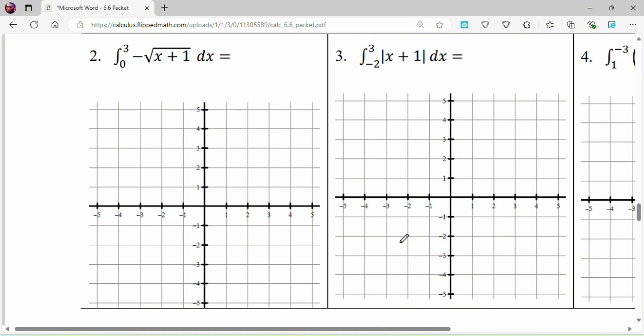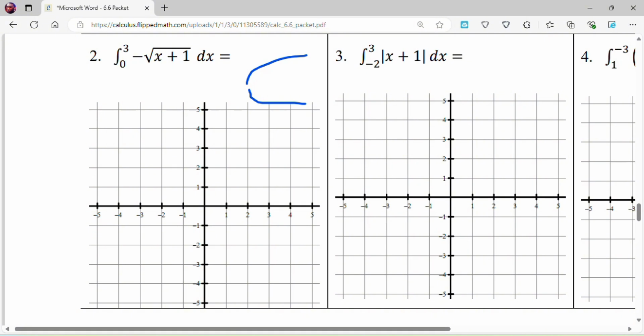Okay, for question 2, we have integral from 0 to 3, negative square root of x plus 1. So we know a square root graph is something like this, so this should be negative. So negative would be something like this. And then a reflection over the x-axis.